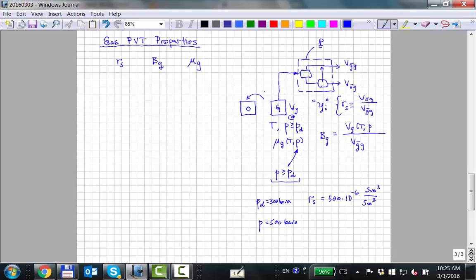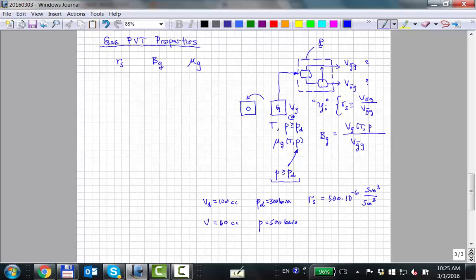So the volume at the dew point was 100 cc's, and the volume now is going to be, I don't know, 60 cc's, something like that. But my question is, what happens to the volumes at the surface? And don't answer, just think about it for a second. Don't answer me.